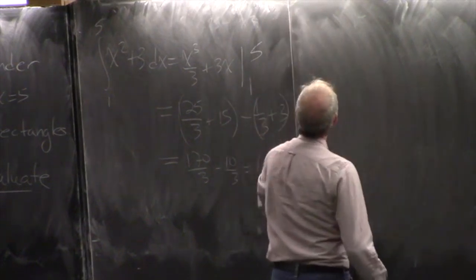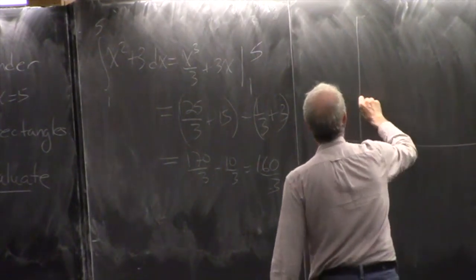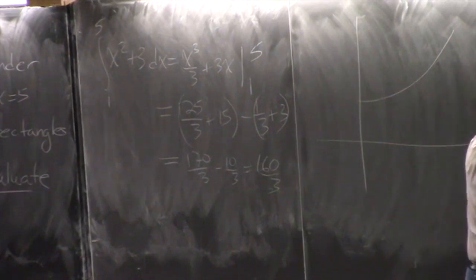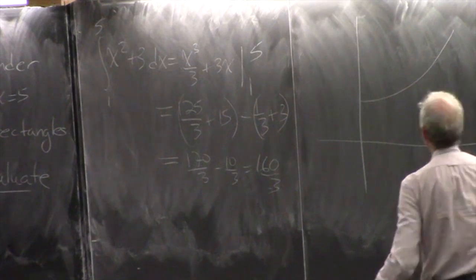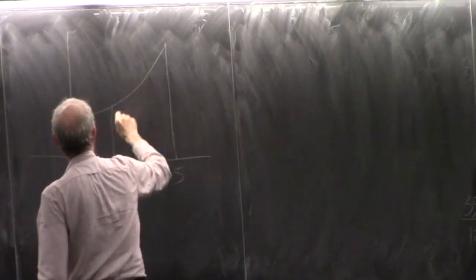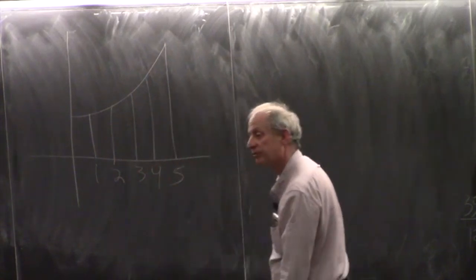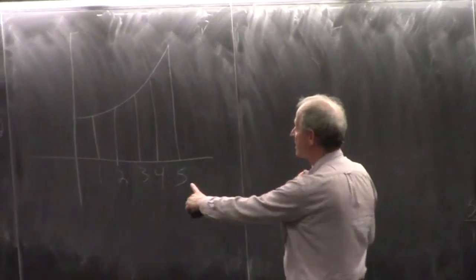Alright. So let's do n equals 4 right-hand rectangles. So x squared plus 3 is something boring like that. We're going to go from 1 to 5, and we're going to use right-hand rectangles. So the width of each of these rectangles is 1. You go from 1 to 5, that's a distance of 4.